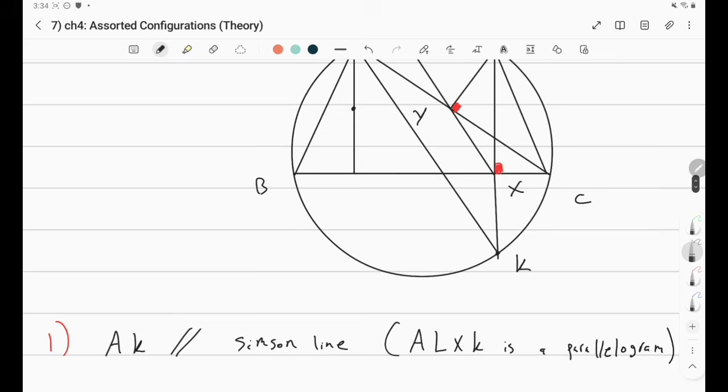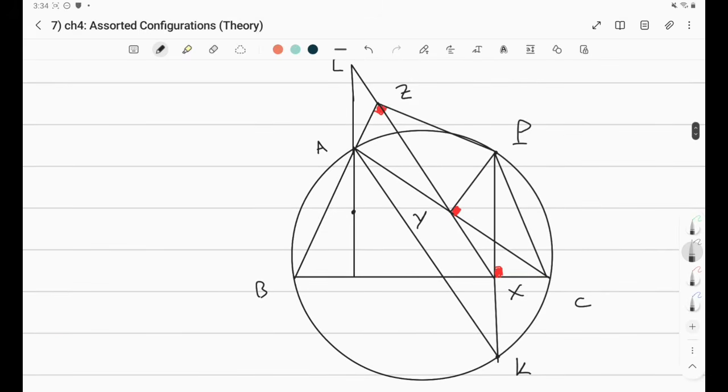Now what we want to do is reflect this point K over the side BC. So let's do that. So if you just reflect, we get some point, probably, yeah, I guess here. So this point, let's call it K prime.